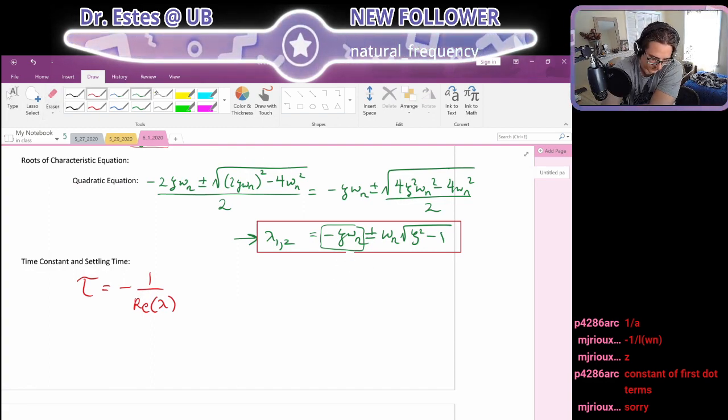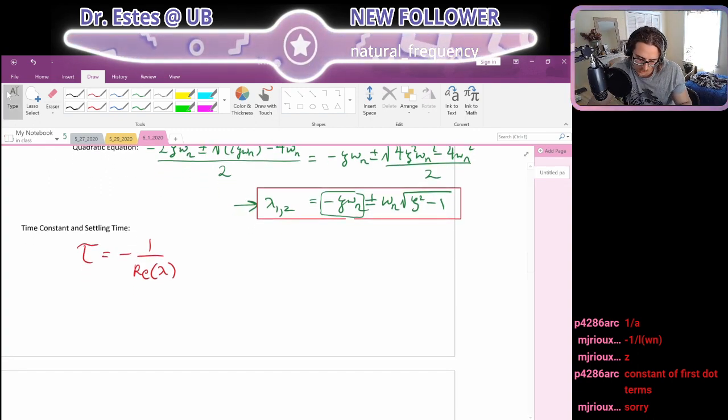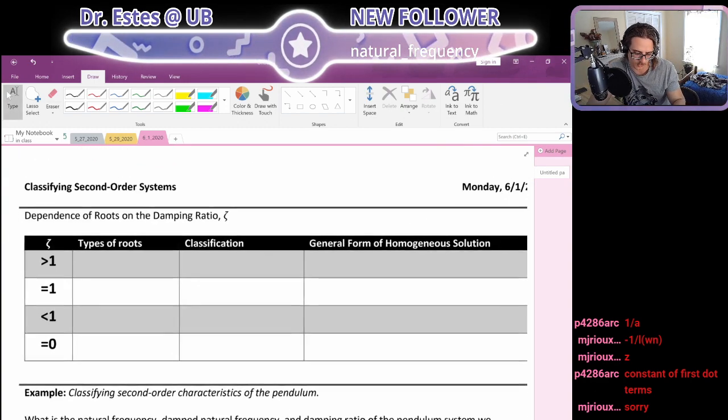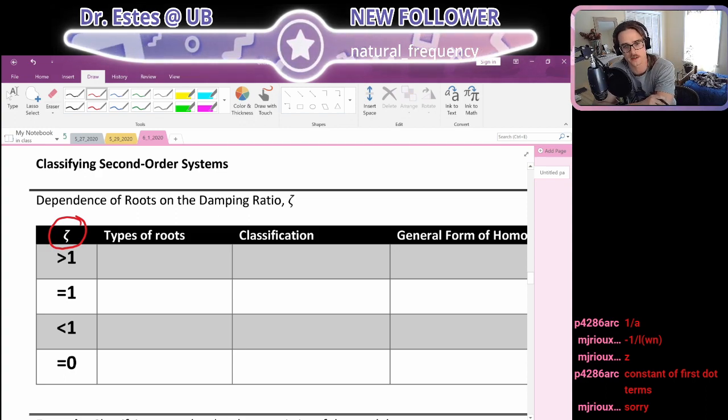Okay. This is how we're going to do this. Because, well, look at this table real quick. You're going to find out that you get different types of roots depending on the damping ratio.